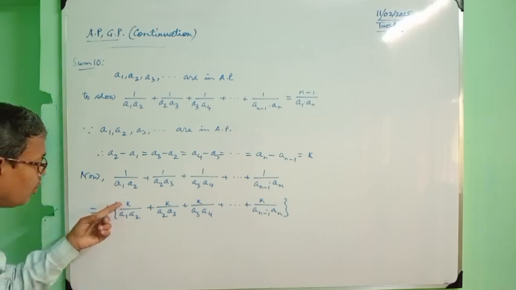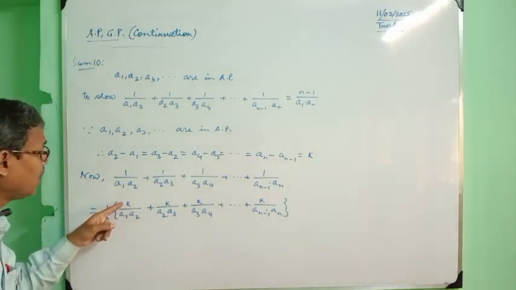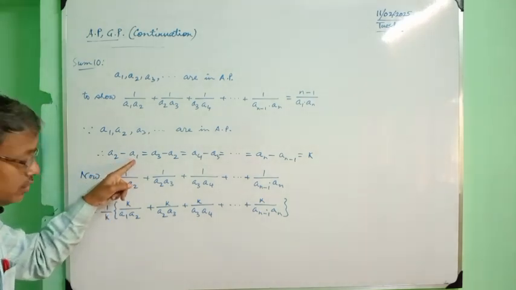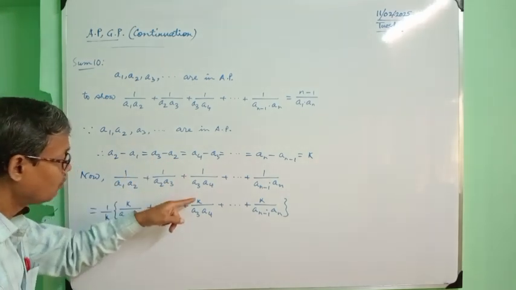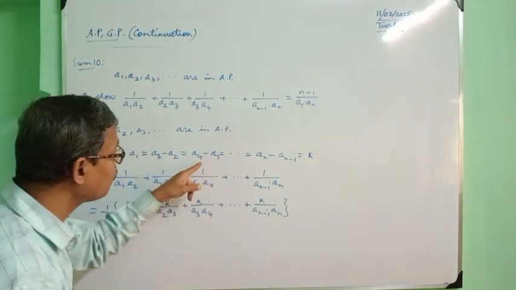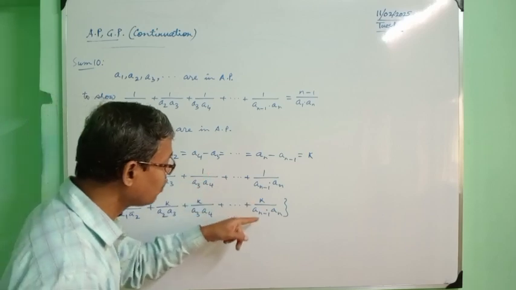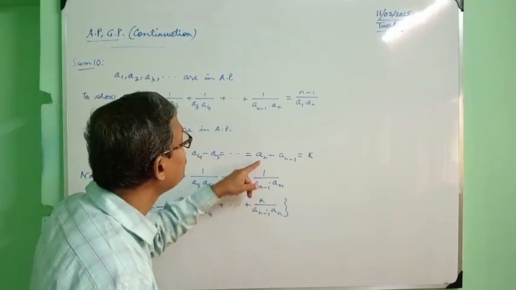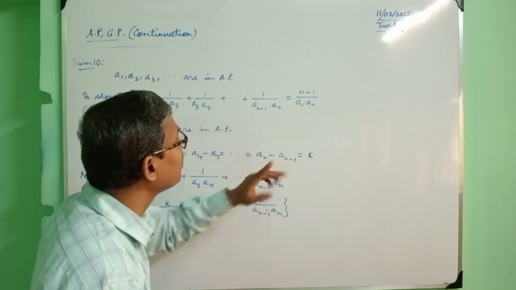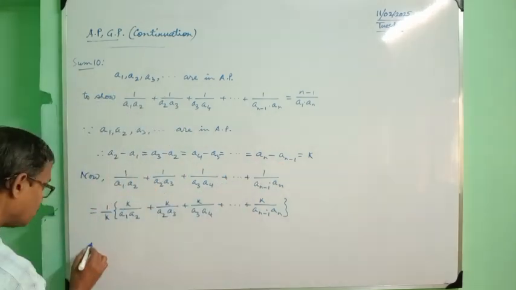Now I put in the first k as A2 minus A1, for the second k as A3 minus A2, third k as A4 minus A3, and for this nth k will be equal to AN minus A(n minus 1). We can write easily.